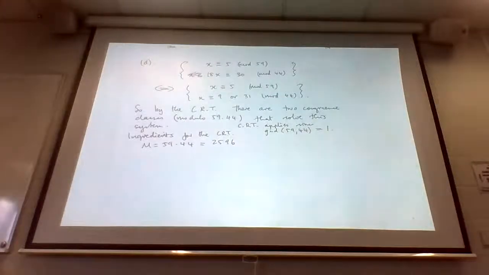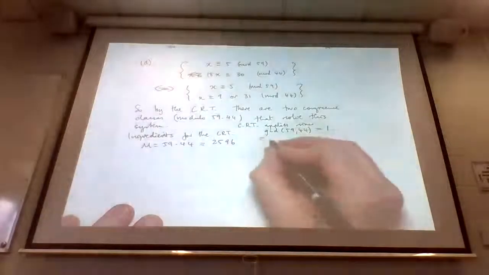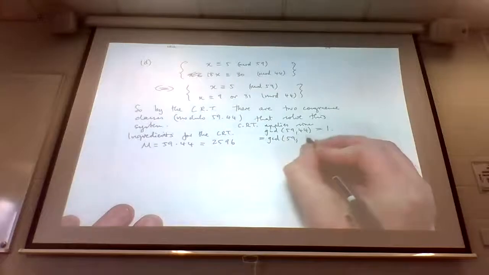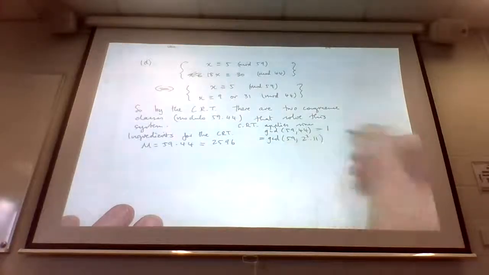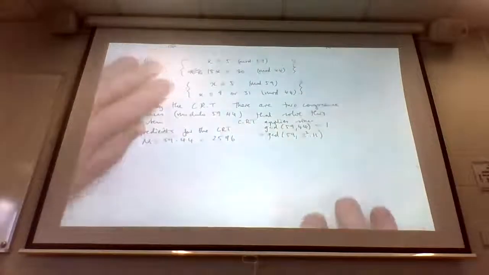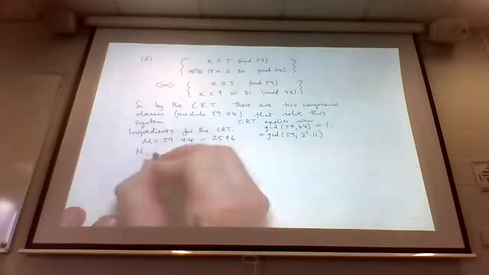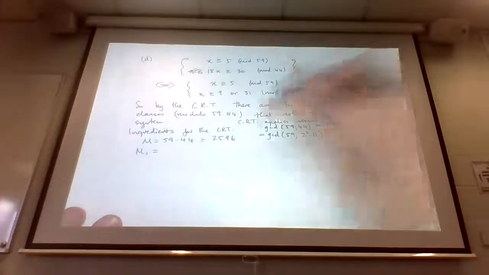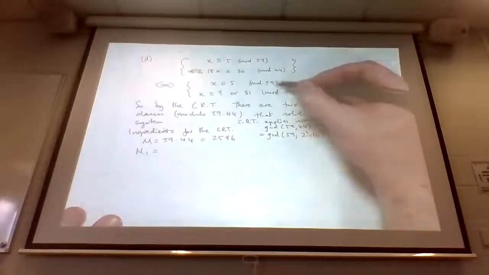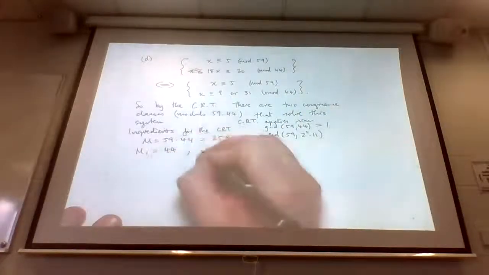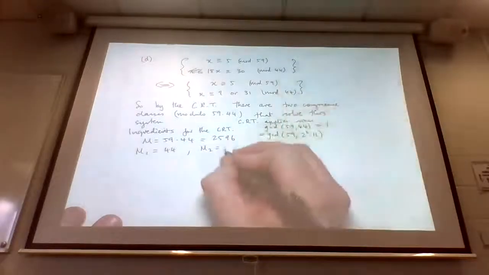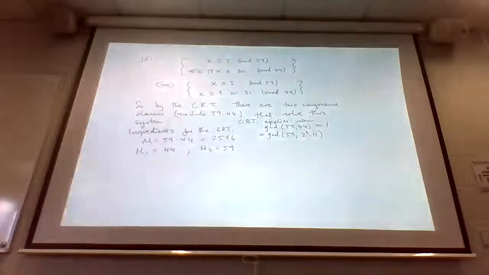These are co-prime: 59 is prime itself, and 44 is 4 times 11, 2 squared times 11. Then we have the numbers M1 and M2, which are M divided by the little moduli: M1 is 44, and M2 is 59. And then we also need their inverses.